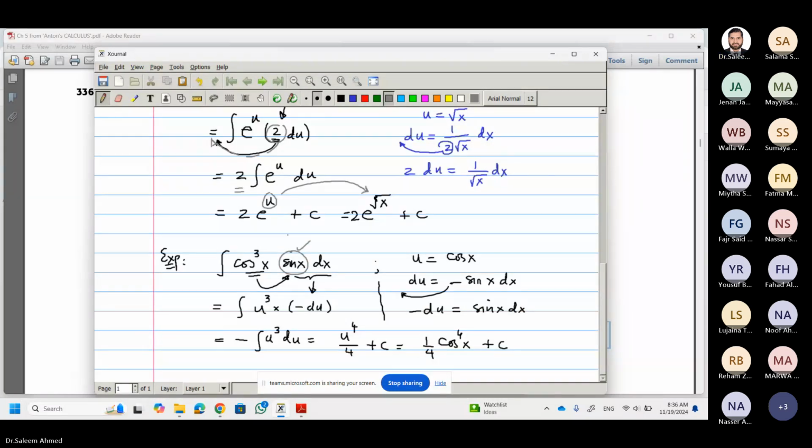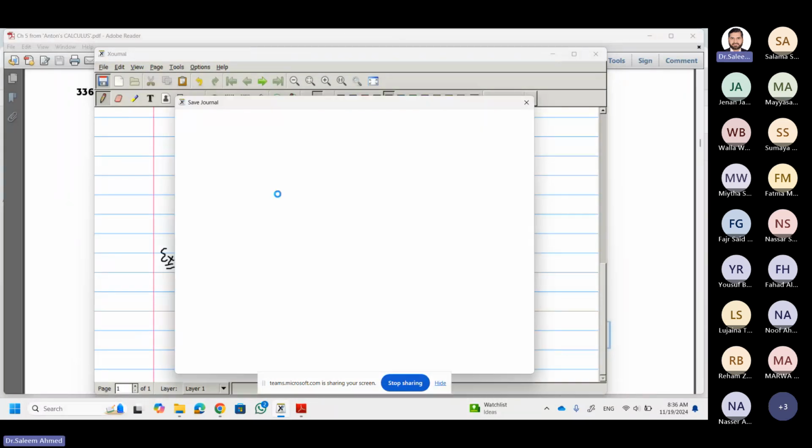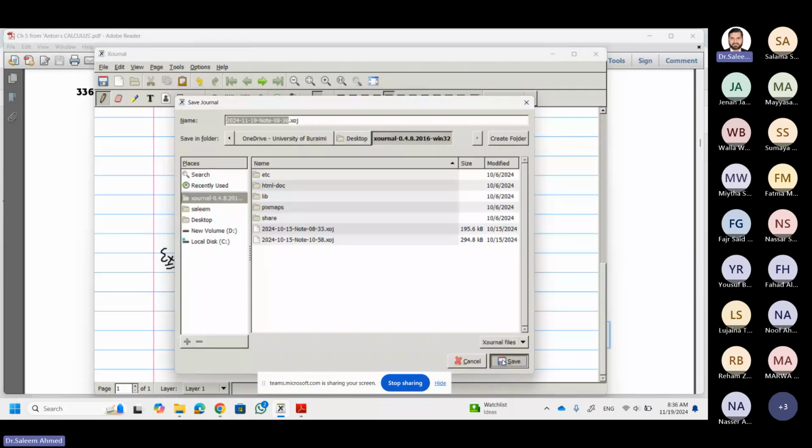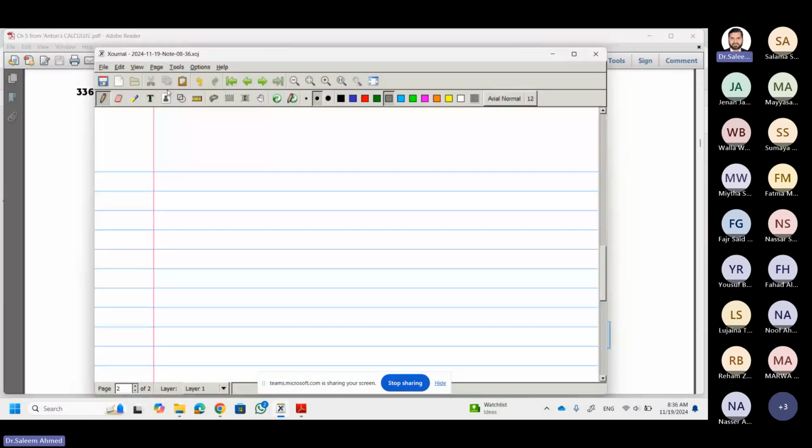I wanted to write this example actually, but I wrote the simpler one before. So let's say you just have cosine cube x and no sine x is given. This can be a challenge now. This is not very obvious. So here, if we think a little bit about trigonometry, you can write this as cosine square x into cosine x dx.